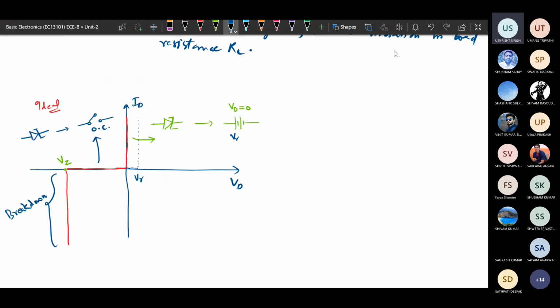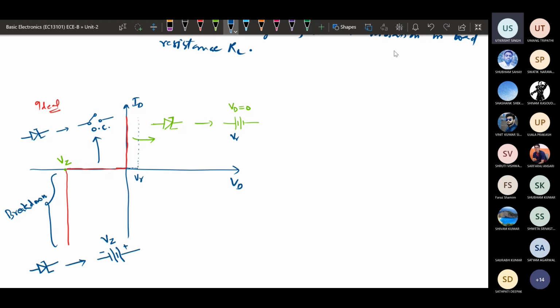So beyond that, it will become a constant voltage source. This is the Zener diode. In the breakdown region, it will be replaced by a constant voltage source, and the voltage will be Vz.